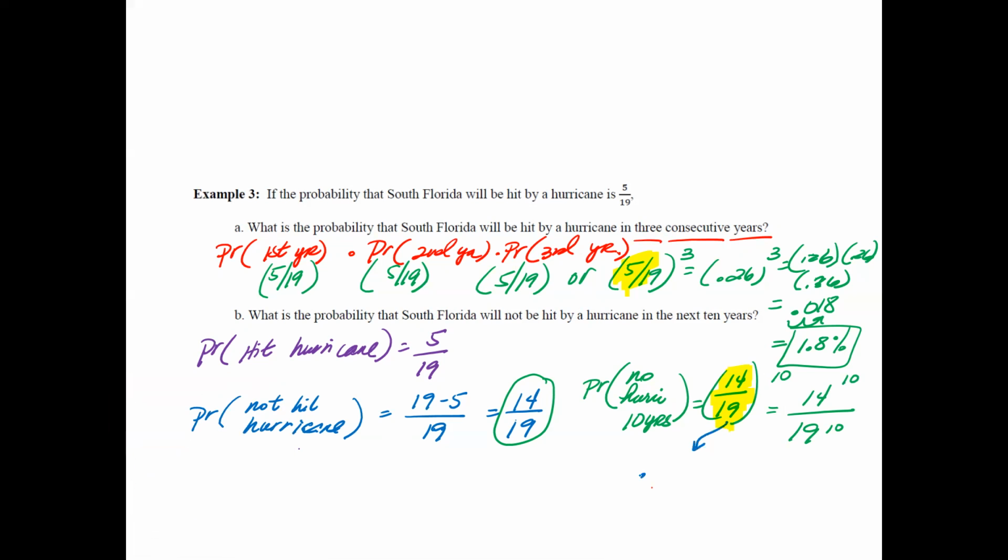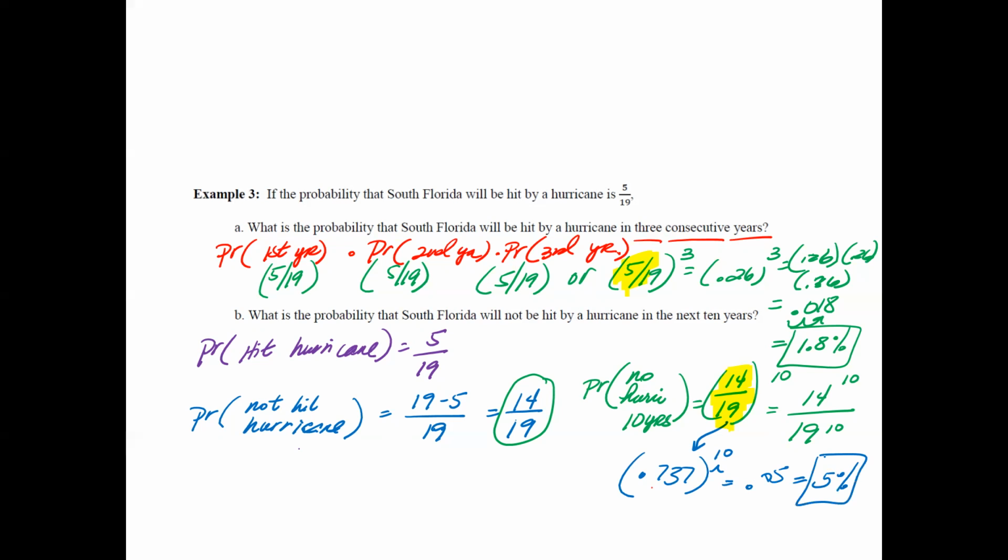That's going to get you 0.737. Now take your caret on your calculator and raise it to the 10th power, and that is going to give you 0.05, or 5%.